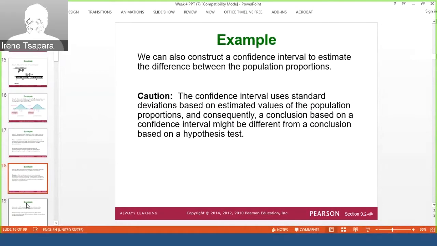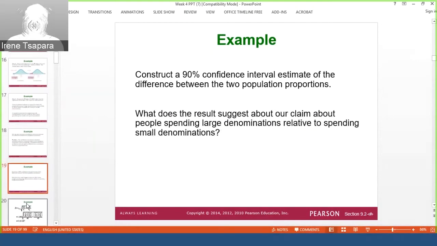So what we want also to do now is to construct a confidence interval estimate of the difference between the two population proportions. This is also important. Confidence intervals are always what we want to have. Why? Because as we discussed last week, statistical significance is different than practical significance.